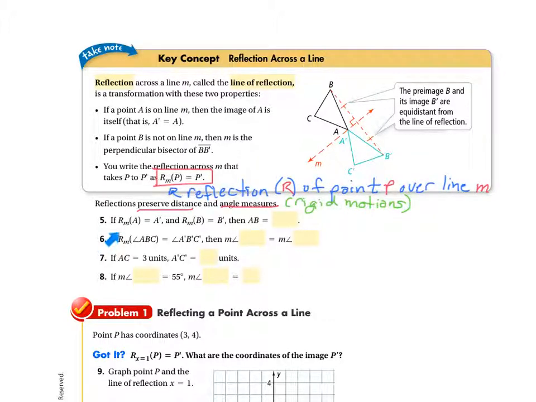So here it says, and let's look at the notation, if the reflection of point A over the line M is equal to A prime, and the reflection of point B over line M is B prime, so we've got A prime and B prime, then the distance from A to B would be exactly equal to what?